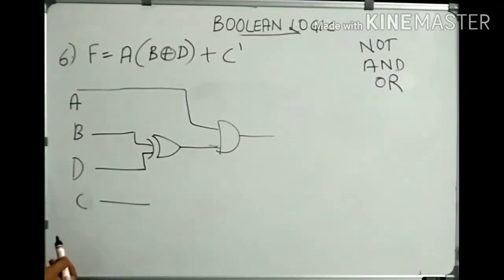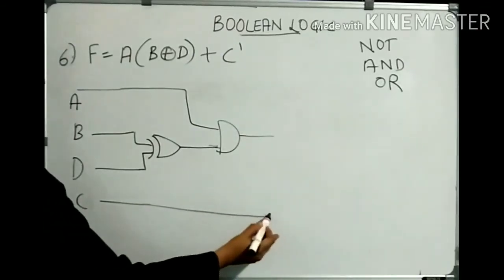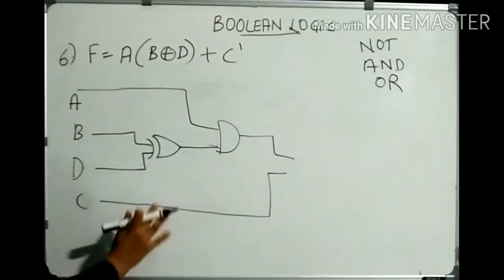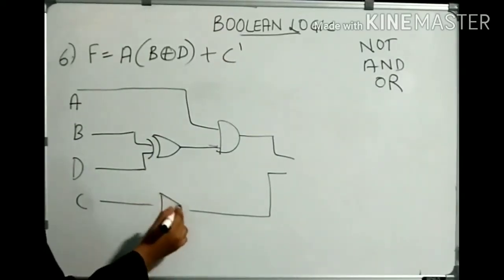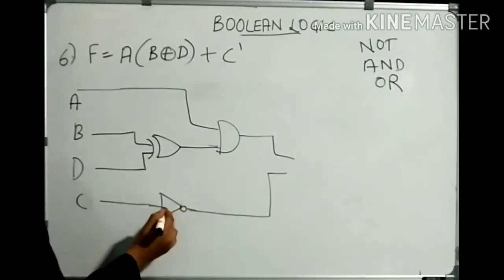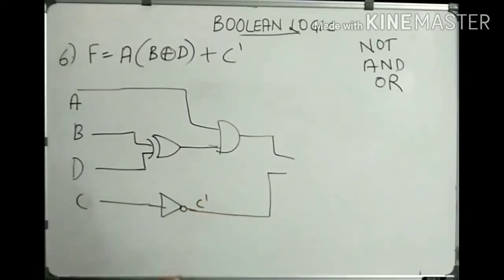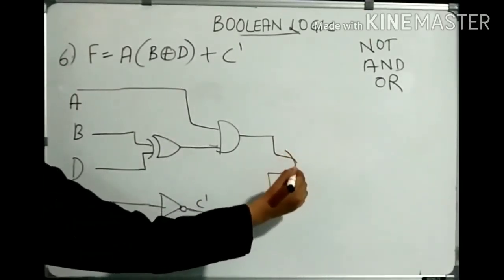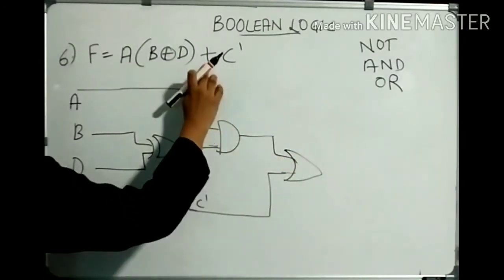Okay. Now finally we have to take C dash. So there should be a NOT gate here. So the output will be C dash. And what will we have to provide here? Which gate? It will be OR, because it is plus here.